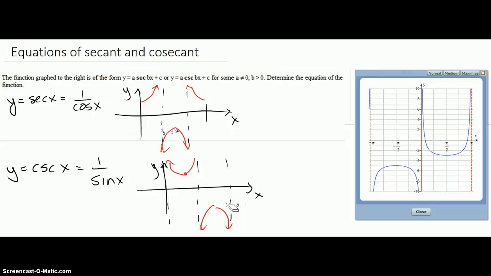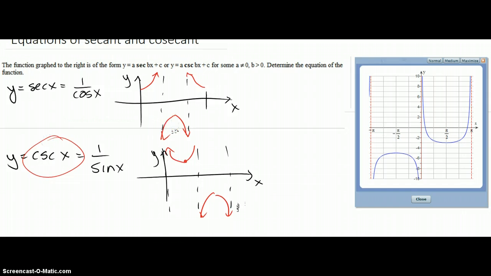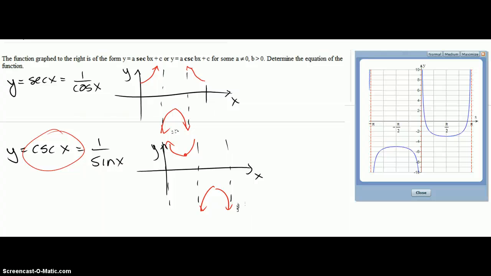So what does this look closest to? Well, because here is the y-axis, and the asymptote is really on the y-axis, to me it looks like the cosecant. So that's our first goal. Okay.